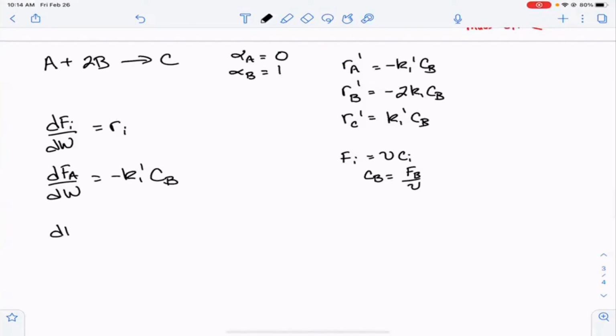And so here, dF_A/dW is equal to minus K1 prime times the flow rate of B divided by the volumetric flow rate, okay? Now, this is a gas phase reaction, and we know that we're losing moles, right? Because A plus 2B goes to C.